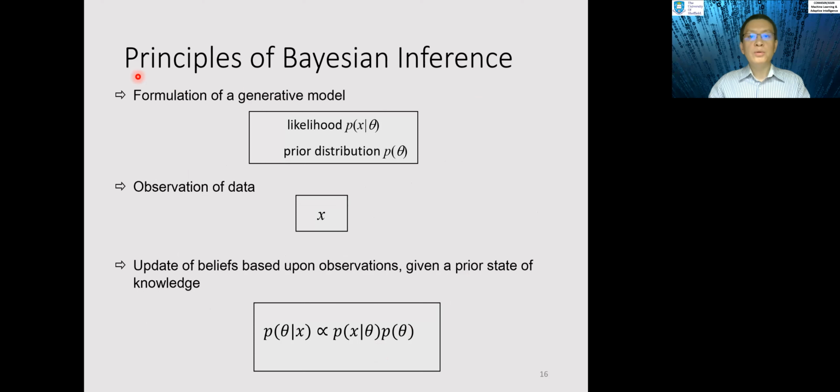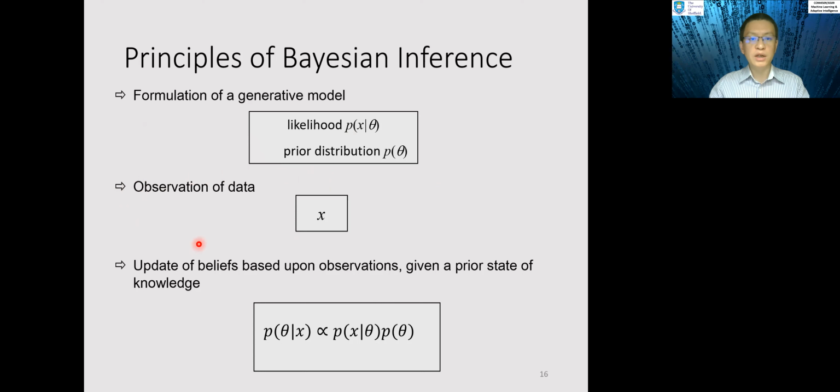So when we do Bayesian inference, we want to formulate a generative model. Firstly, we will write down the likelihood, the probability of data given a model, given a set of model parameters. And we will also need to write down the prior distribution for the model parameters. And then we will observe some data.